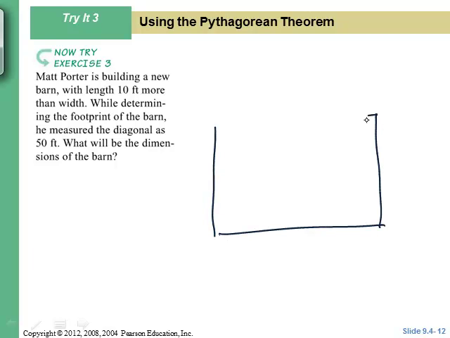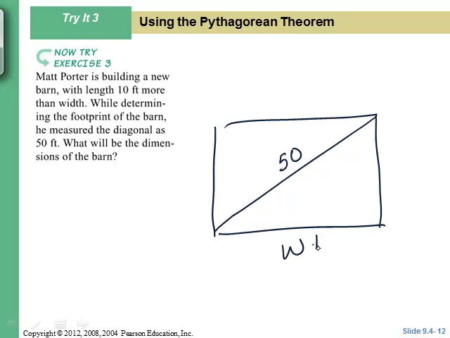Okay, so he's got the barn, and the diagonal from the barn is 50 feet. The length is the width plus 10. So W squared plus W plus 10 squared equals 50 squared.